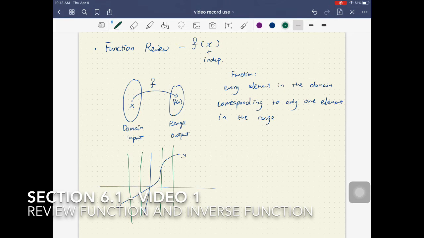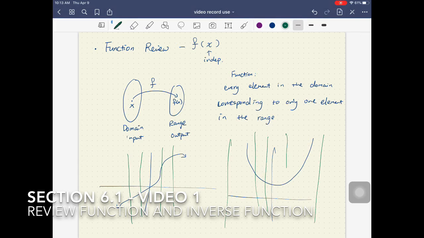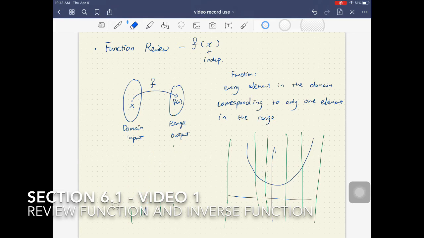We draw vertical lines, and we need to make sure every vertical line intersects the graph at most one point. There can be no intersection, but when they do intersect, they intersect at most once. Okay, so that's the function.